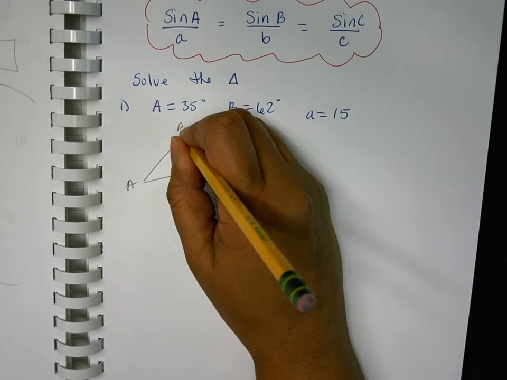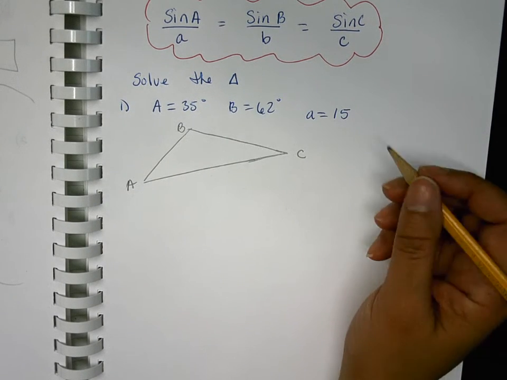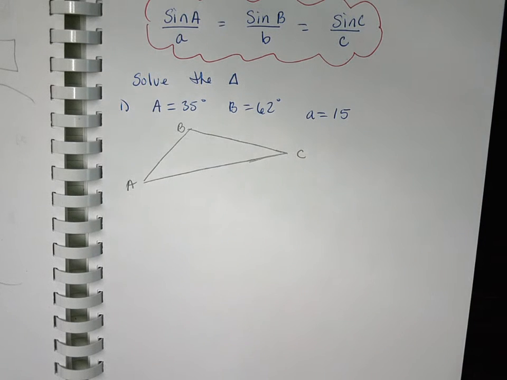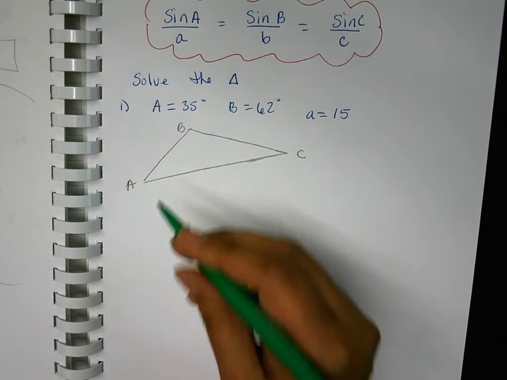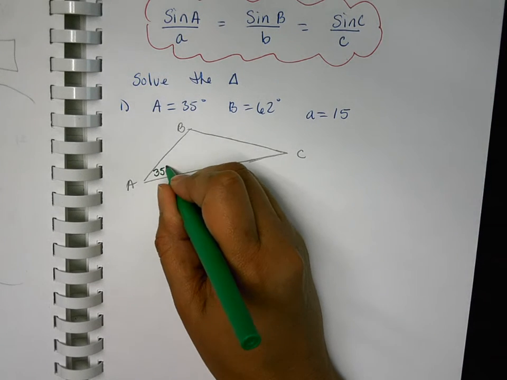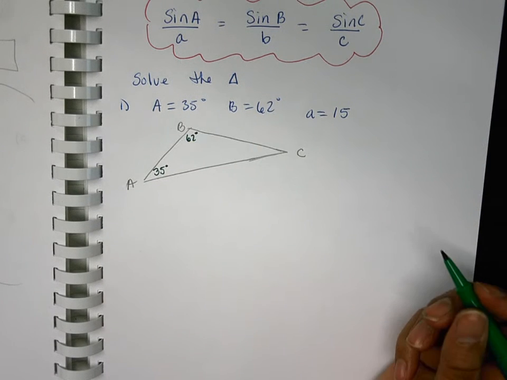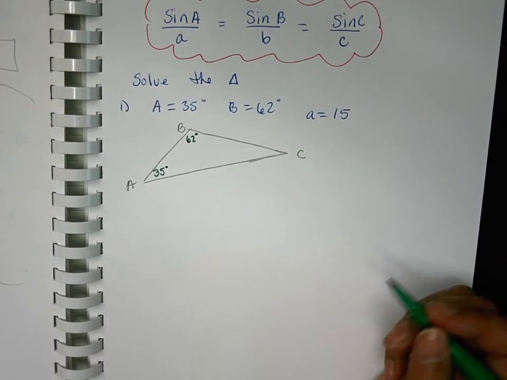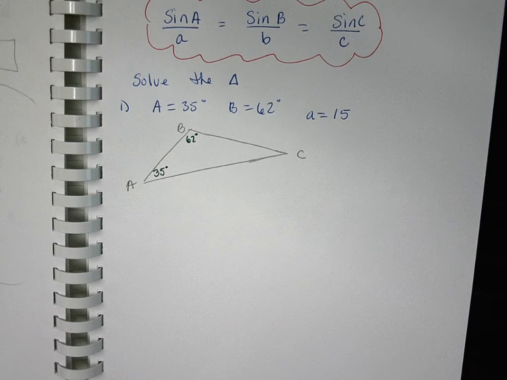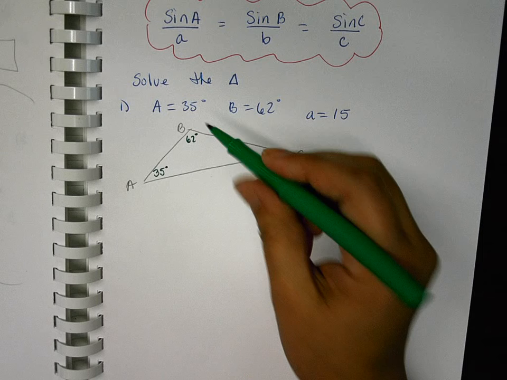A, B, C. All right, I'm going to write down the given information. Angle A is 35. Angle B is 62. We don't know angle C, but it's going to be easy to find. Little a is 15.